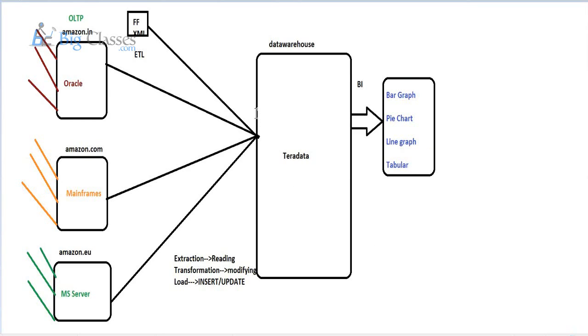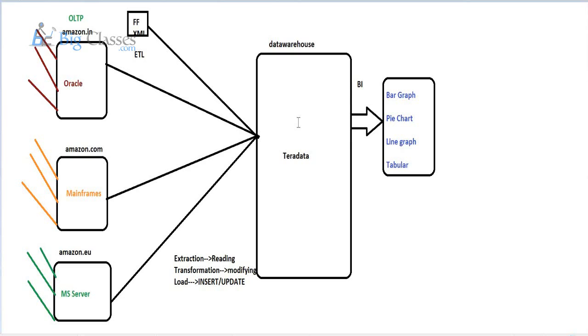If I understand that iPhone 4S is not generating good revenue for me in India, you will take a decision not to promote that product, or you might decide to promote that product in a better way so that you can sell more units of iPhone 4S. That is nothing but a decision. You're taking a decision based on the analysis that you find or based on the information about your business.